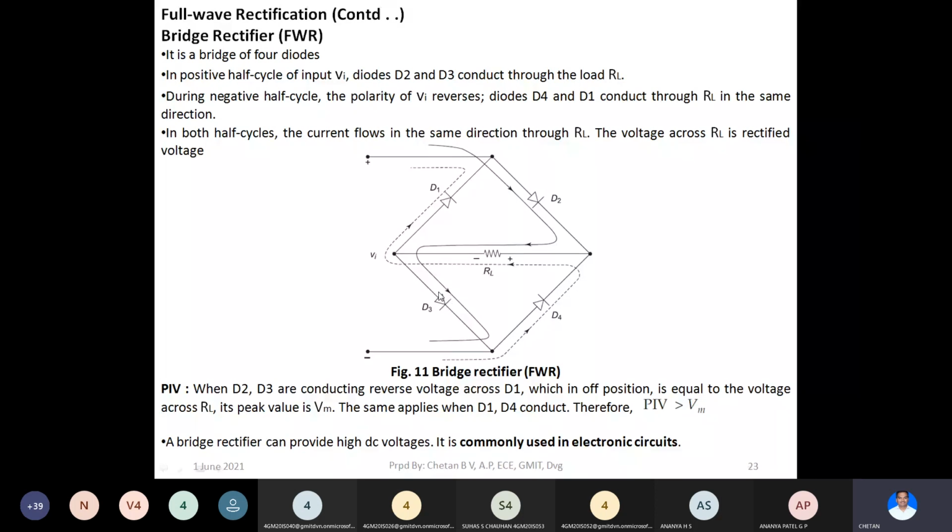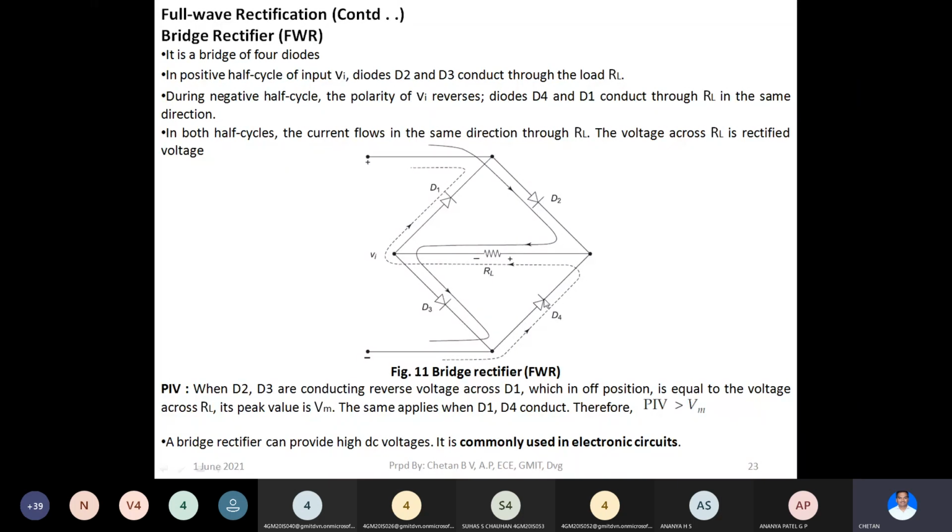And the only path which is available now is D4 through this RL and D1. So as this terminal becomes positive during the negative half cycle of input AC, the positive terminal of the supply will come in contact with D4's anode, and D4 will be forward biased, meaning short circuit.